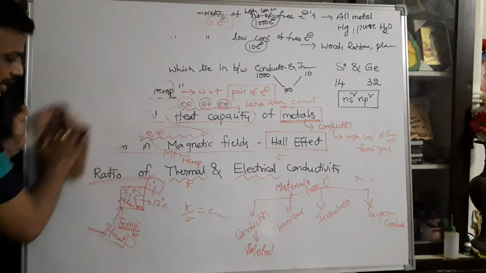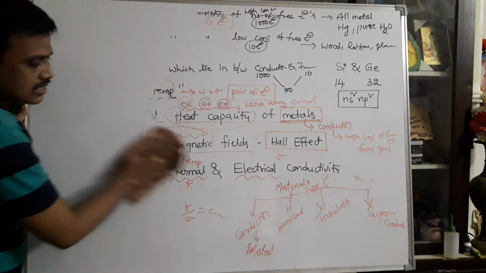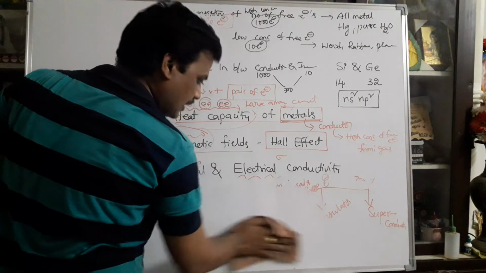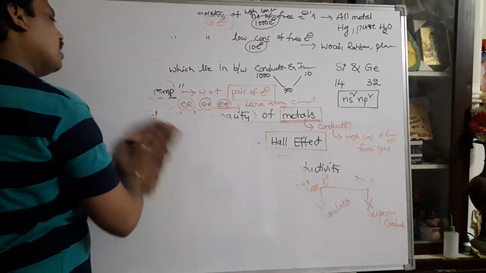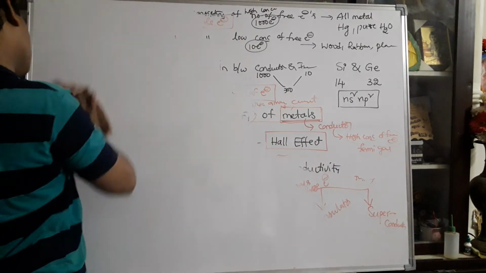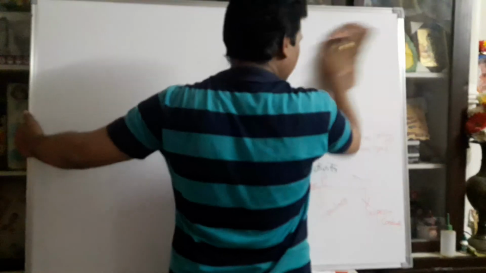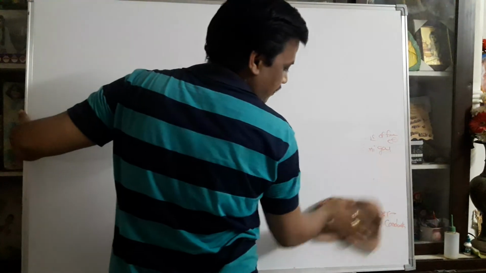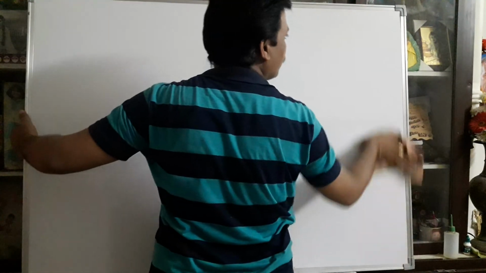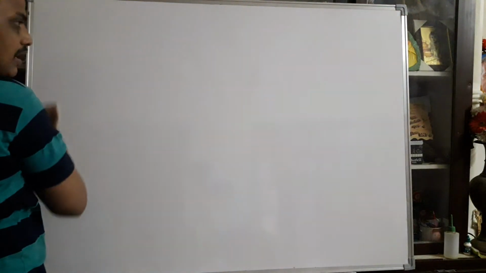So about Fermi gas, in our lower standards, maybe degree, B.Sc final year, paper number 4, semiconductors are there.